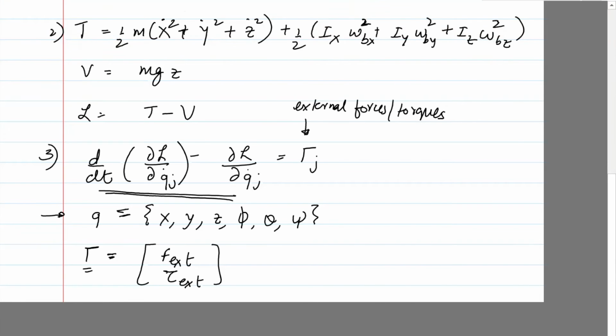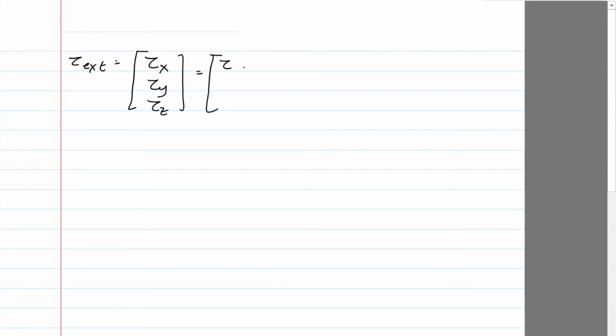First let's write tau, because we already wrote them, right? Tau external is going to be tau about x, tau about y, tau about z, or you can think of them as tau about phi, theta, psi. Those are something we wrote down previously.